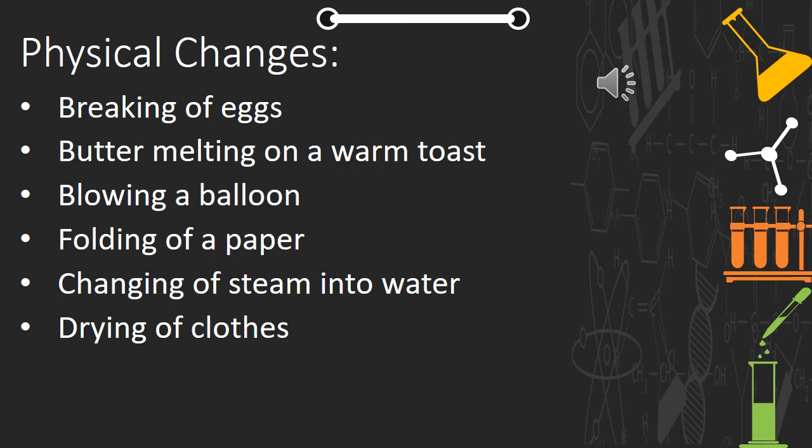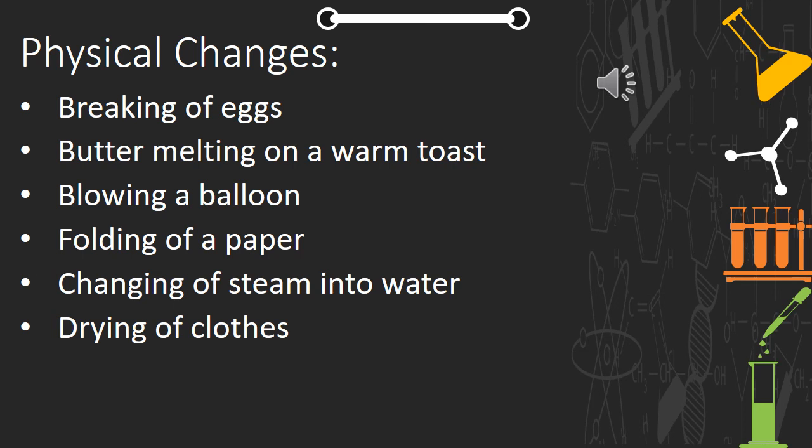Apart from the previous examples, these are some more examples of physical change: breaking of eggs, butter melting on a warm toast, blowing a balloon, folding of a paper, changing of steam into water, drying of clothes. Here, no new substances are formed.